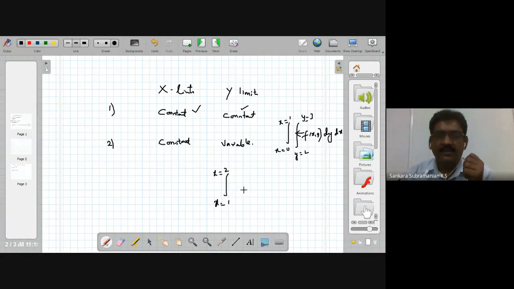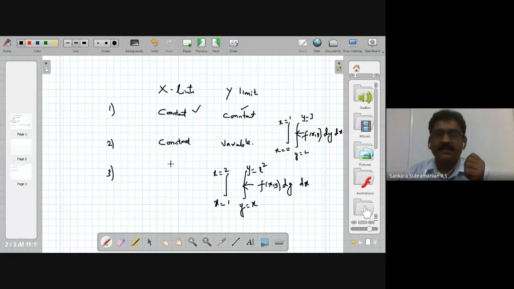Here x has the constant limits and y may have the variable limits, for example y equal to x, y equal to x square. This is a function in terms of x comma y. Since the inner integration limits have a variable in x, you should integrate with respect to y first and then x next. This is the second case we talked about in the previous class.